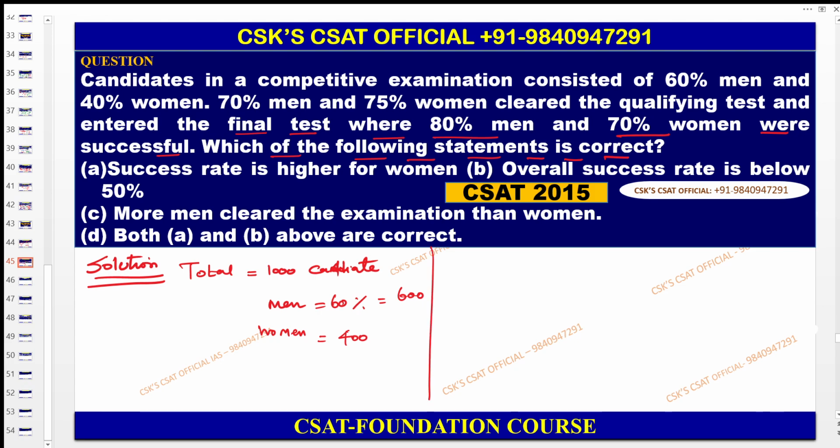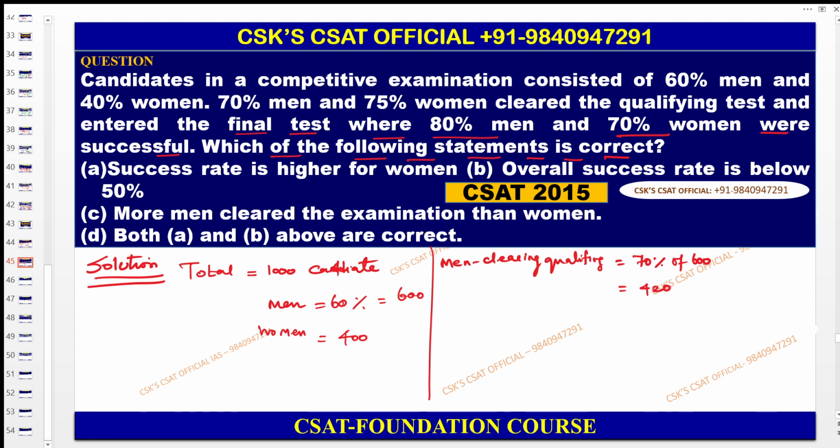Then next data here is 70% of the men clearing the qualifying test. So then you can take men clearing qualifying, which is equal to 70% of 600. So 70%, 7 6 42. So therefore 420.